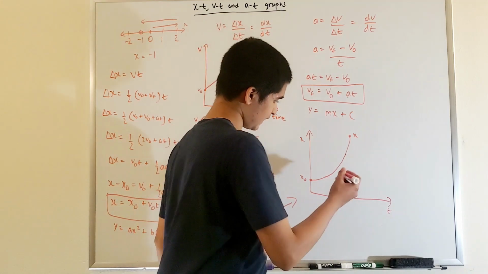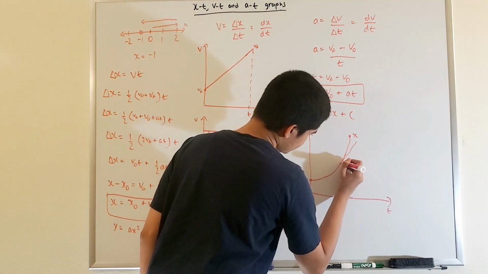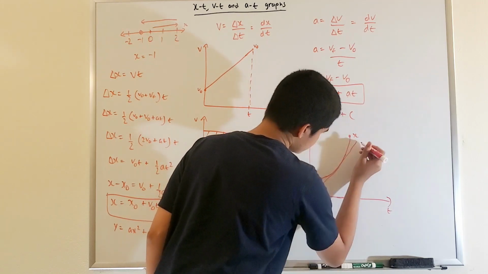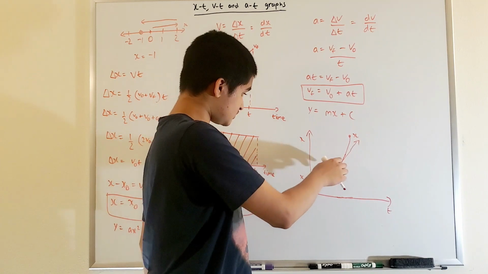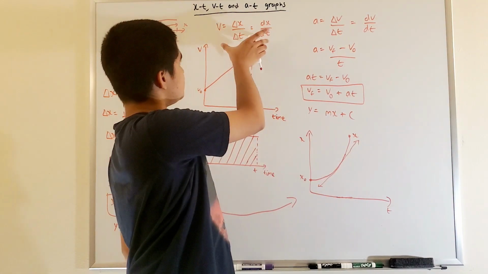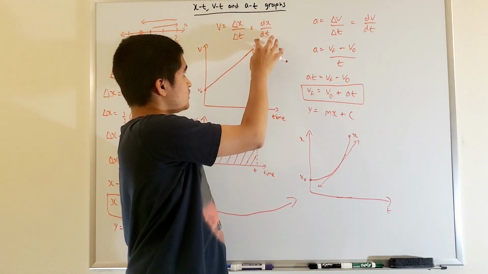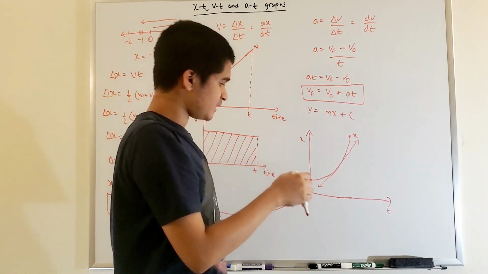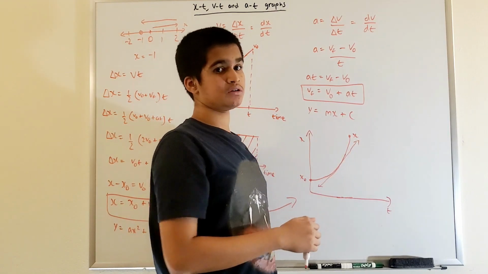Now notice that if we draw a tangent line at any point on the curve, we will get the instantaneous velocity of the particle when this is moving. And this can be further seen or supported by the fact that the velocity is the derivative of the displacement, and the derivative always represents the slope of the tangent line.